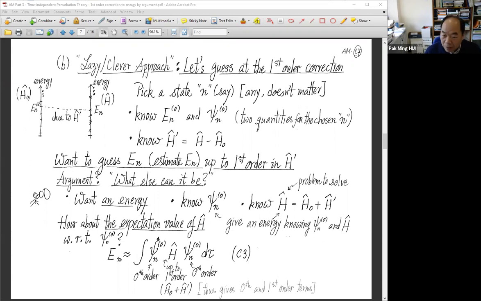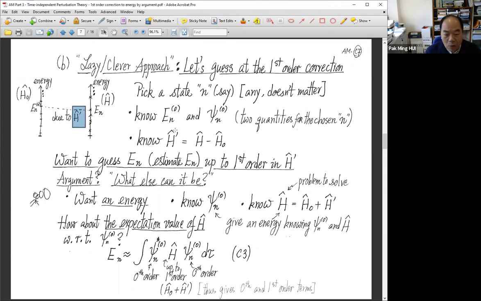So what is the problem? Already discussed. I have a known problem, but I don't know how to solve it, H, in which there is a big part solvable, H0. I know this, I don't know that. And I know that this change must be due to H prime, the perturbation term, okay?